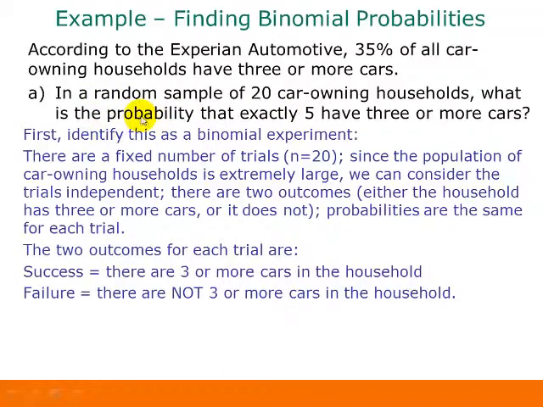What are you trying to find the probability of? Up here, we're trying to find the probability that exactly 5 households have 3 or more cars. So that's one reason that we could define this event, a household having 3 or more cars, as our success, because that's what we're trying to find a probability for.